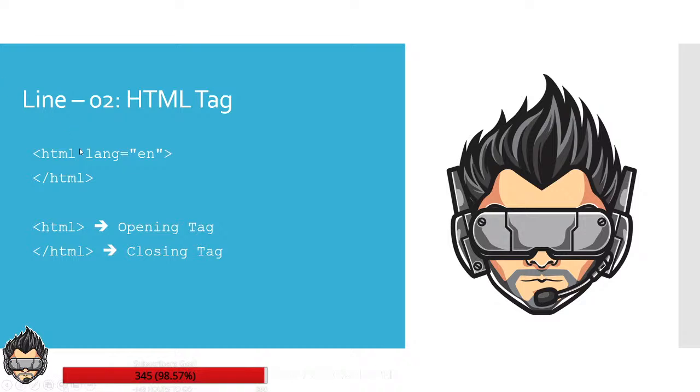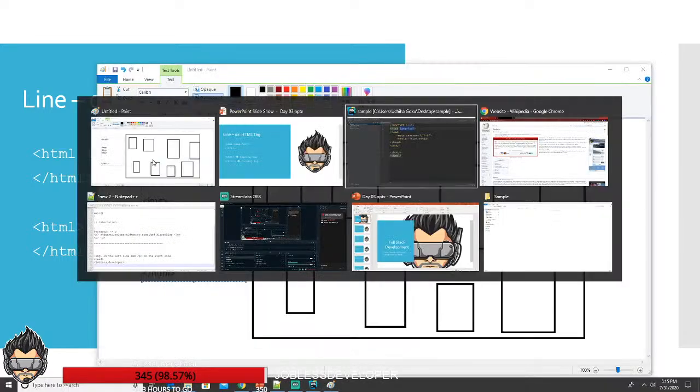Attributes alone can be written beside these tags, and the attributes that belong to that tag can be written beside it. You cannot write lang equals to en for the image tag, because this attribute is just for the HTML tag alone. So lang equals to en is optional.